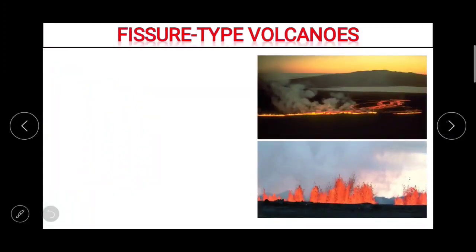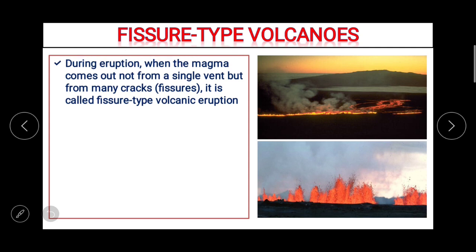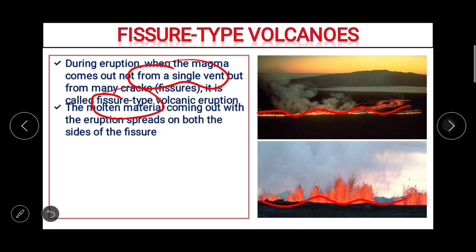And here the next one, fissure type volcanoes. During eruption, when the magma comes out not from a single vent, like in the conical one where there is a single vent, but from many cracks like this, or fissures, it is called fissure type volcanic eruption.